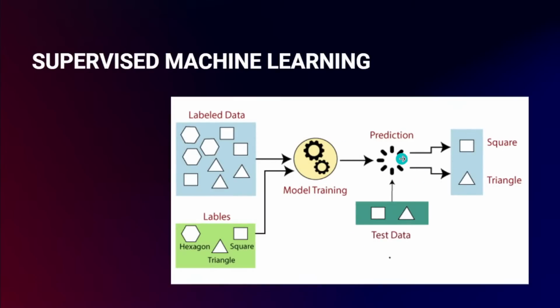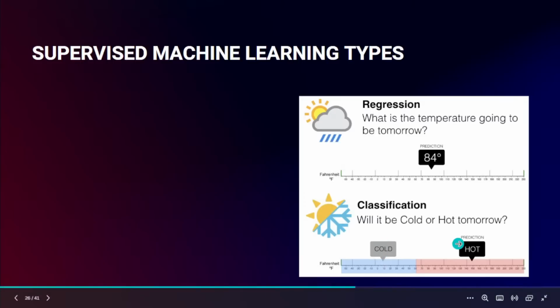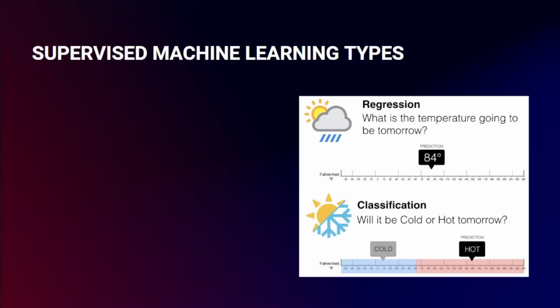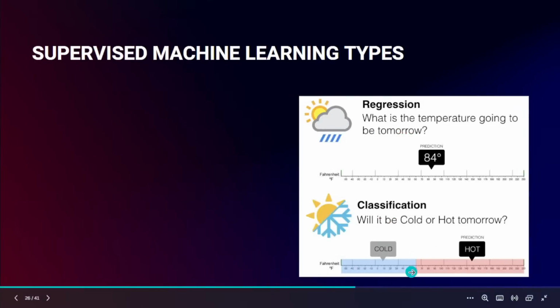You are going to classify whether the output is a square or a triangle or a hexagon. So if you are training a model based on weather conditions, you are going to predict whether it is cold or hot tomorrow, or today, with your data. If the label is categorical, what is a category?